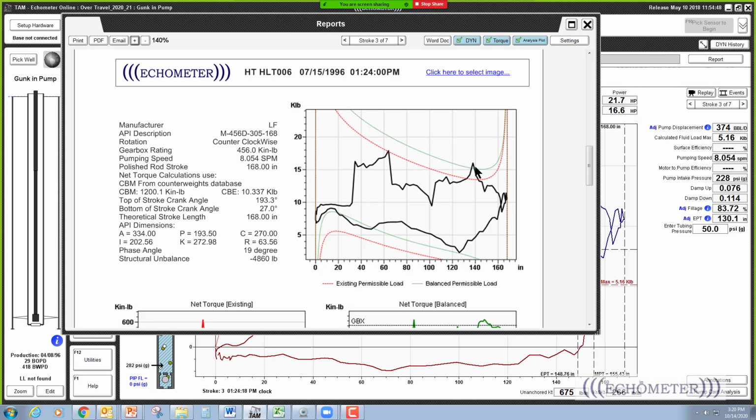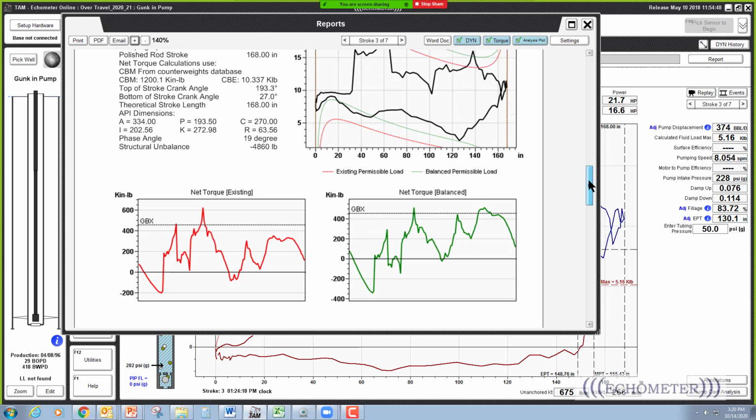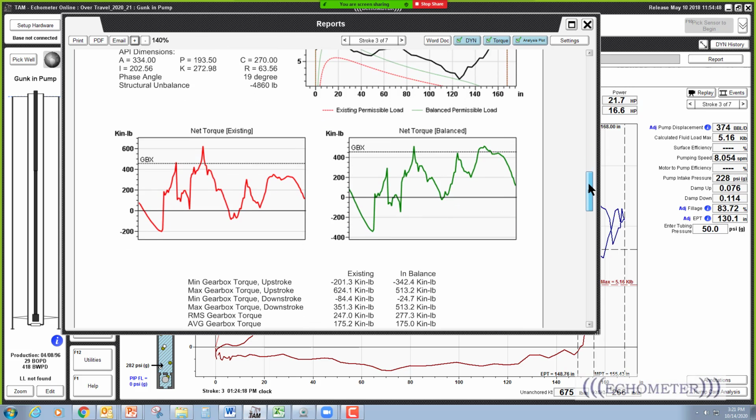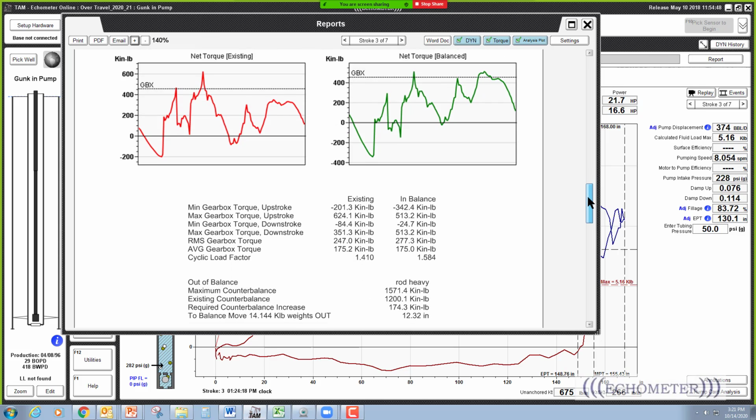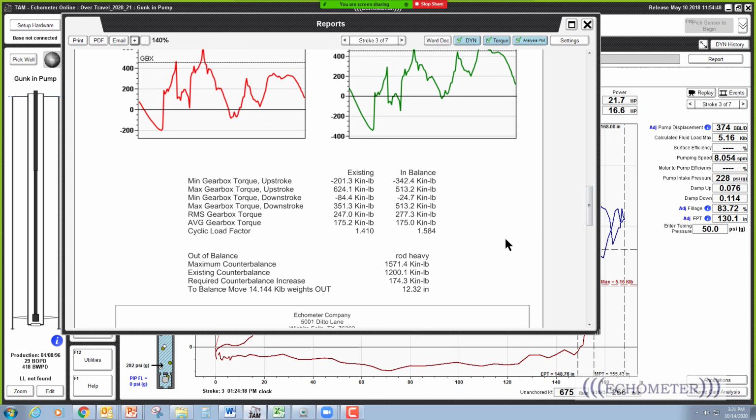This causes the rod loading to exceed what you can balance with the weights on the cranks that are currently there. You can't balance this pumping unit. It's overloaded. It's exceeded.